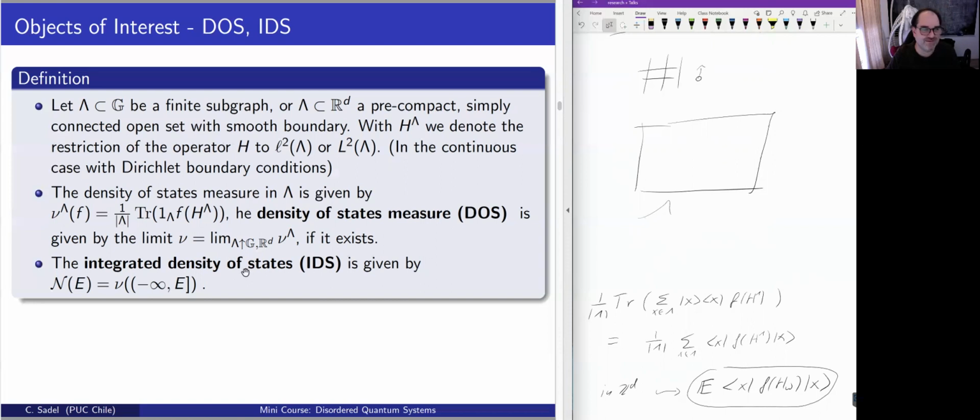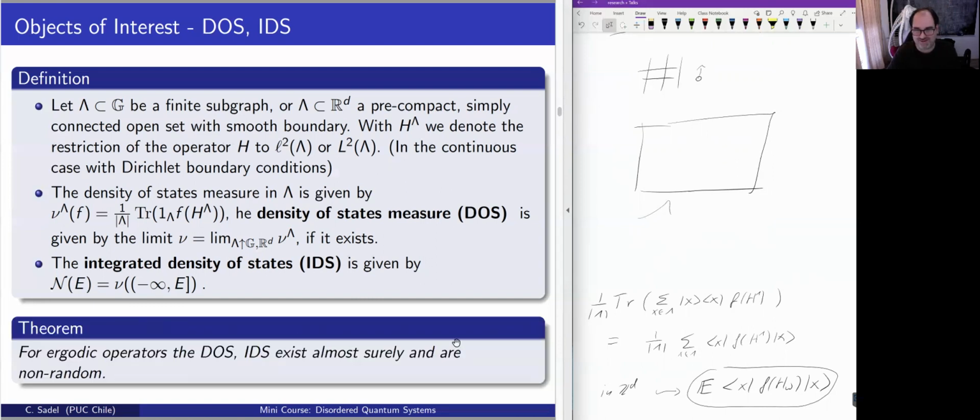And the integrated density of states is then just the density of states measure applied to the interval from minus infinity to some E, as a function of E. And as I already indicated, one of the points is that for ergodic operators, the density of states measure, or the integrated density of states, exists almost surely and is a non-random object. So this is one of the things one studies.